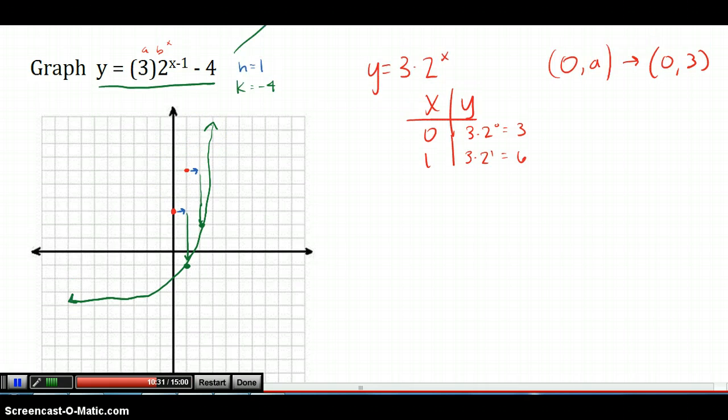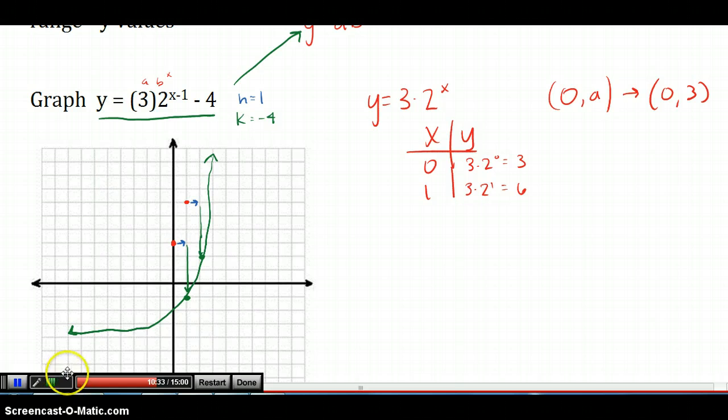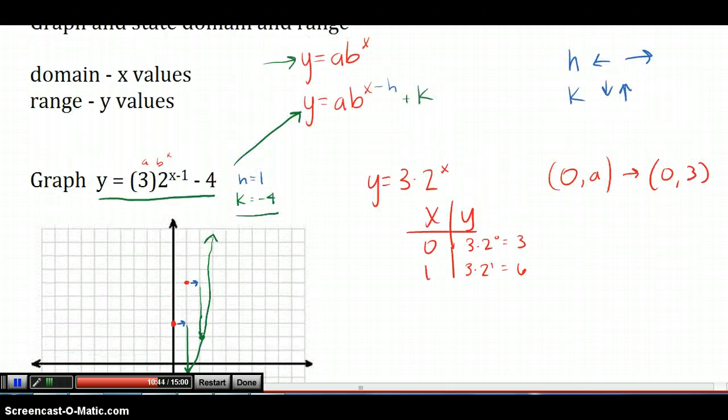Now before, when you were doing these, I said make your curve and you never cross the x-axis. Your k is now your new asymptote. So if you have something simple that looks like this, a times b to the power of x, your asymptote is always the x-axis.